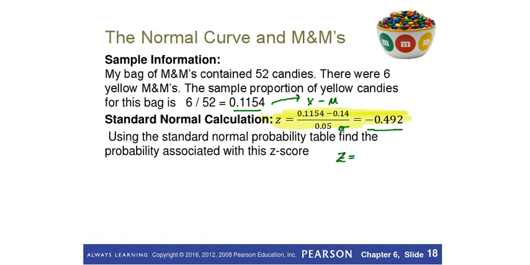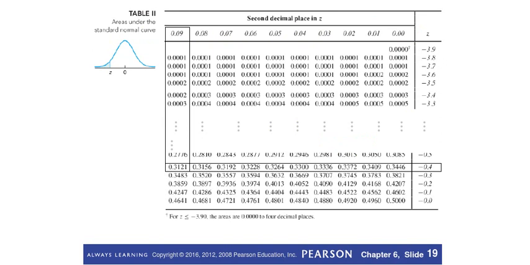So we round to the nearest hundredth, negative 0.49, and we're going to look up the probability associated with this z-score on the table. How do we do that? Well, this is in Appendix 1 of your textbook. If you go to Appendix 1, you'll find Table 2, areas under the standard normal curve. The z-score is found along this column.